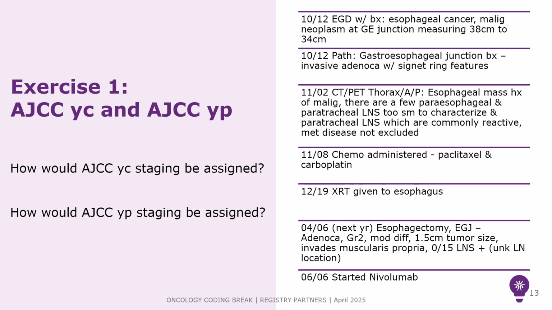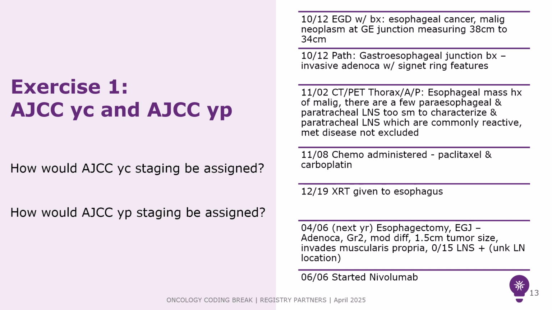On April 6th of the next year, the esophagectomy was performed, EGJ, adenocarcinoma, grade 2, moderately differentiated, 1.5 centimeter tumor size, invades the muscularis propria, 0 out of 15 lymph nodes positive with unknown lymph node location, and after that, the patient started with the nivolumab.